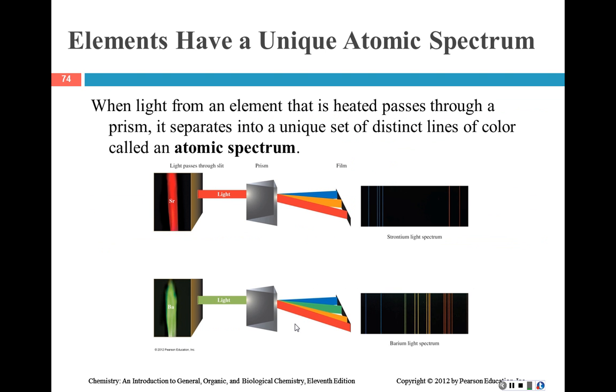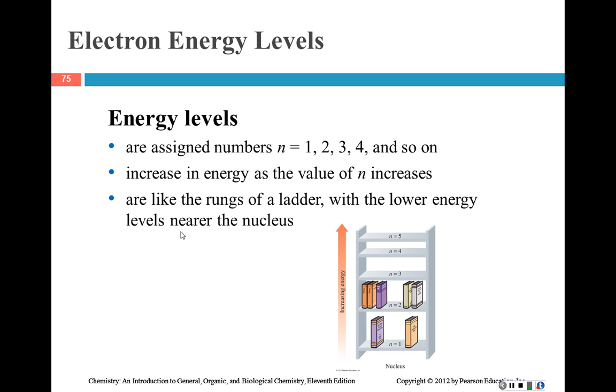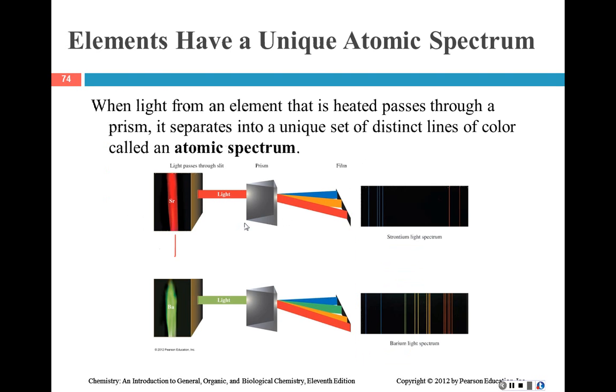Where this shows up is if you have light from an element that's been heated up. This is something called a flame test, where you take the metal and heat it, and it gives off a certain color that is characteristic of particular metals.